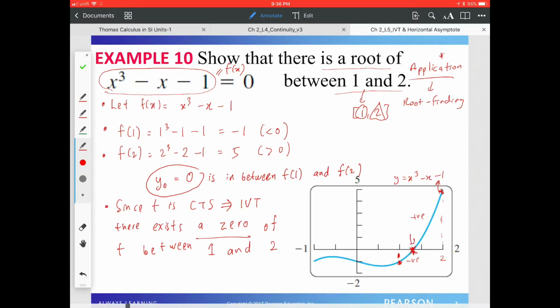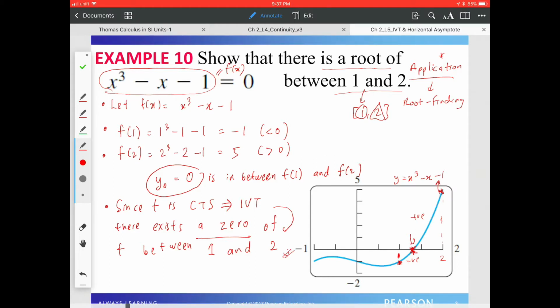This is the conclusion based on the intermediate value theorem. We show that there exists a zero between 1 and 2, and that concludes our example 10.